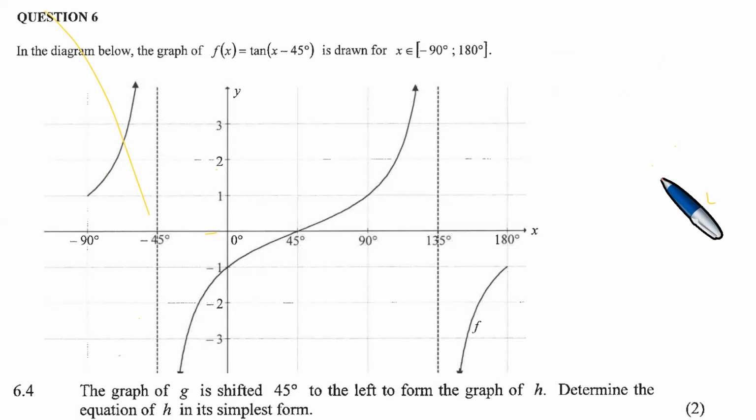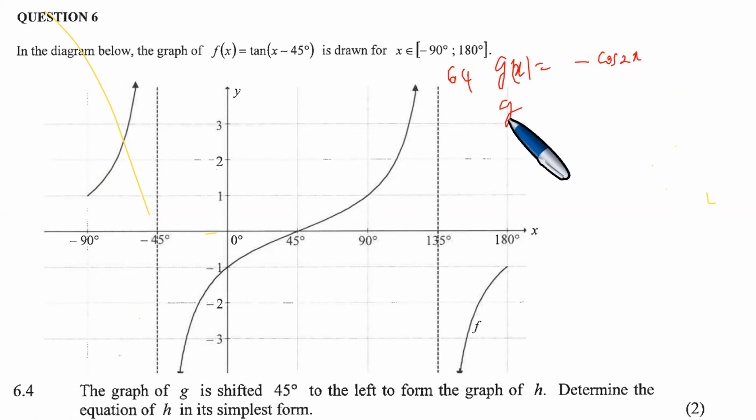At this point now, you're looking at question 6, and you're thinking deep. The graph of G is shifted 45 degrees to the left to form the graph of H. Determine the equation of H in simplest form. What is the graph of G? The graph of g of x is the same as minus cosine 2x.